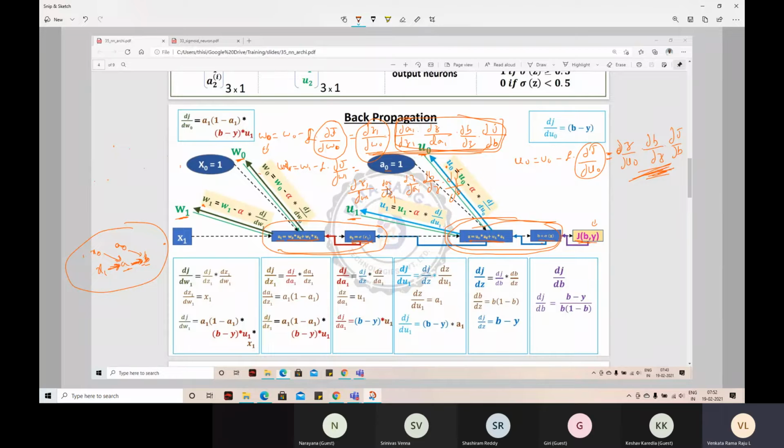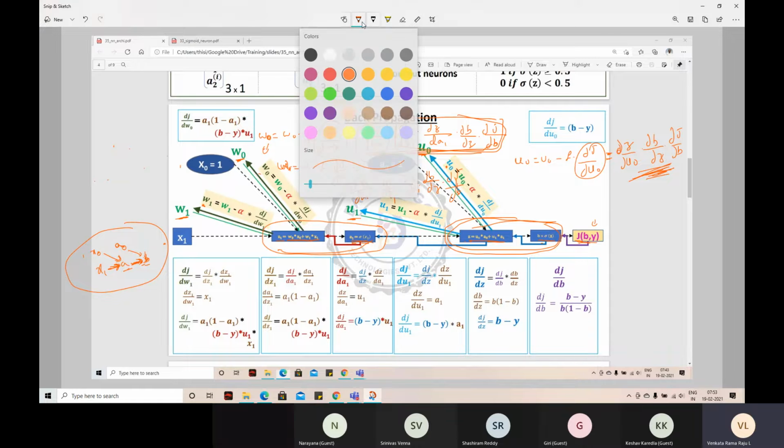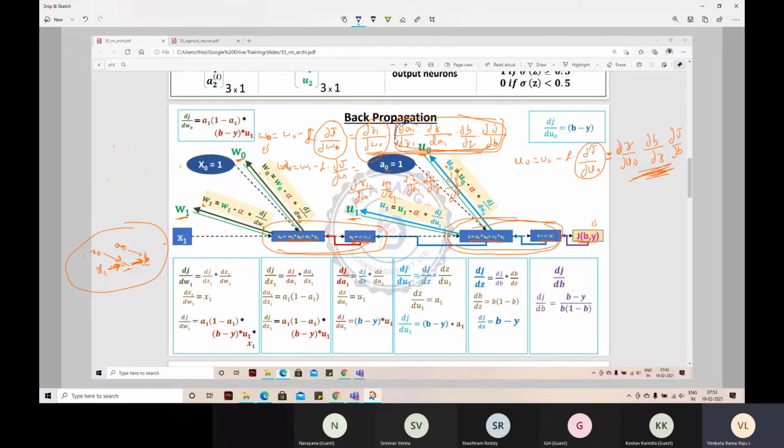So these are all done as a vectorized implementation in TensorFlow and PyTorch. No need to calculate all that, but we need to understand how this calculation is happening, because in between there is a derivative calculated for the activation function. This part is very important.